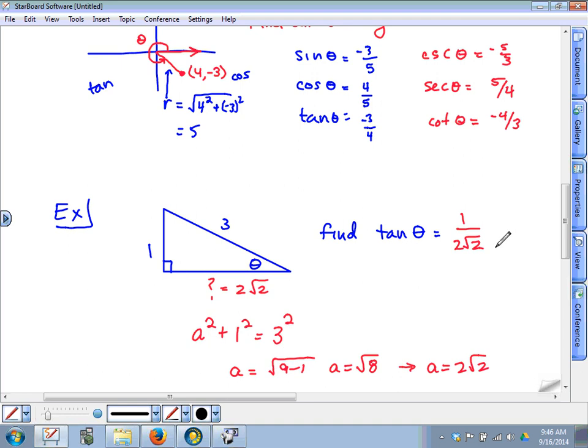Multiply by the square root of 2 over the square root of 2. So the final version is the square root of 2 over 4.